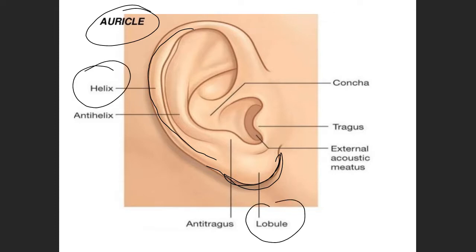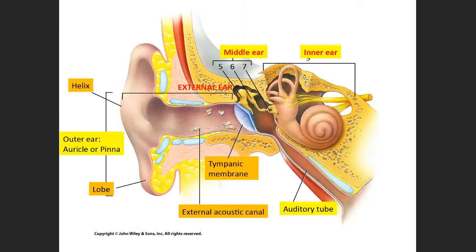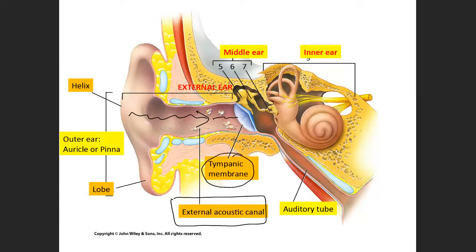The purpose of the auricle is to collect the air vibrations, which then travel into the external acoustic canal. The external ear ends at the tympanic membrane, or eardrum. The vibrations hit the tympanic membrane and make it vibrate.